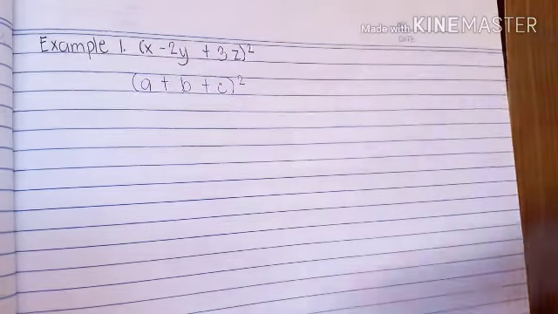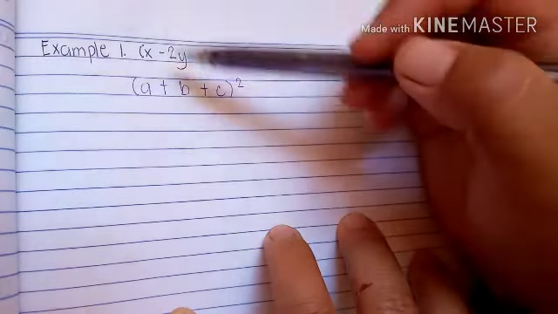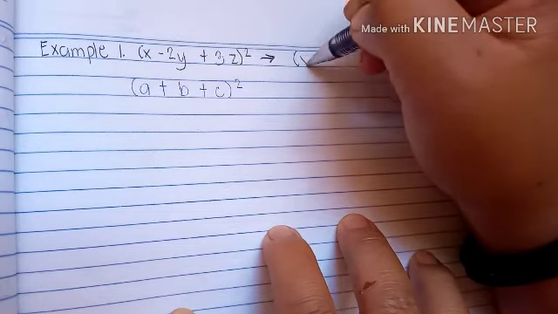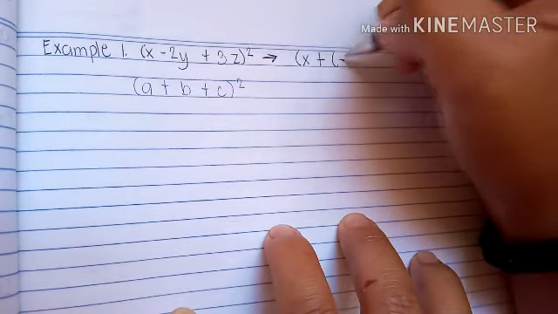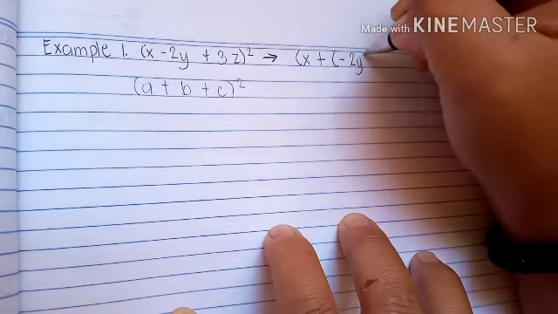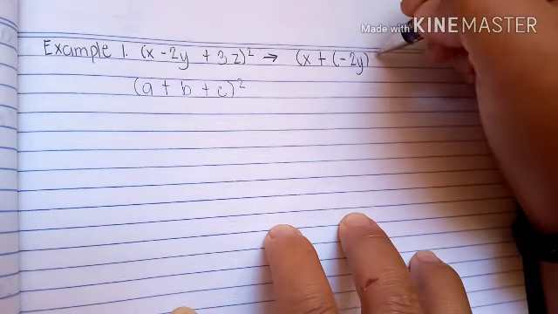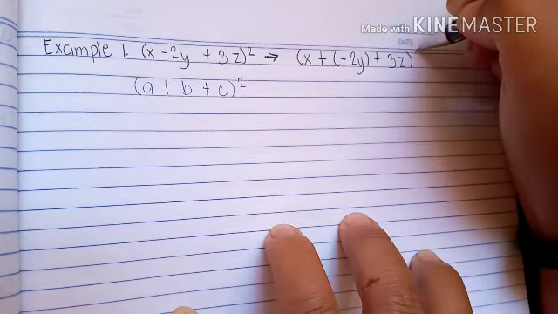Now for these cases, what we're going to do is to make this one plus. So that would be x, we make it plus negative 2y for it to follow this format, and plus 3z, squared.